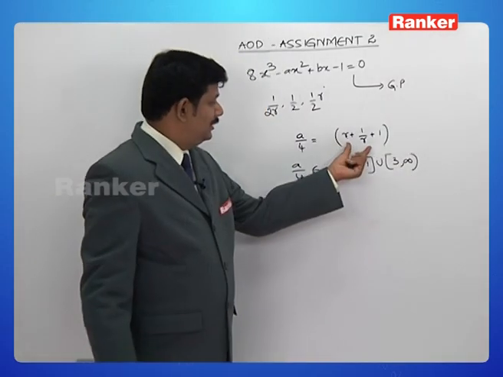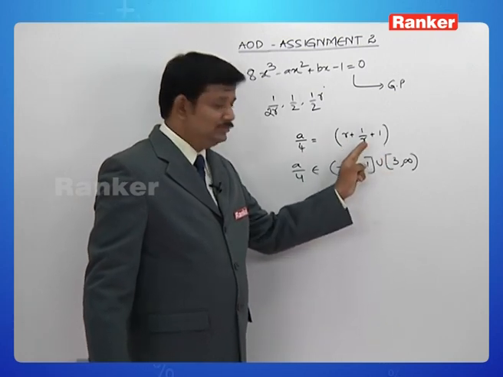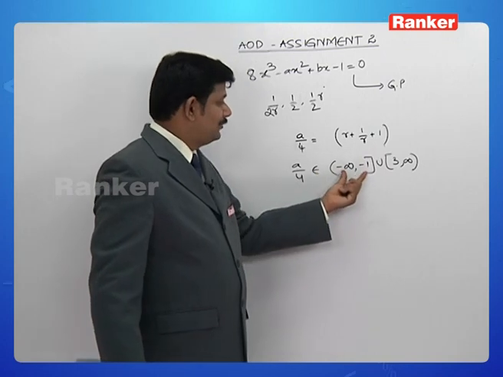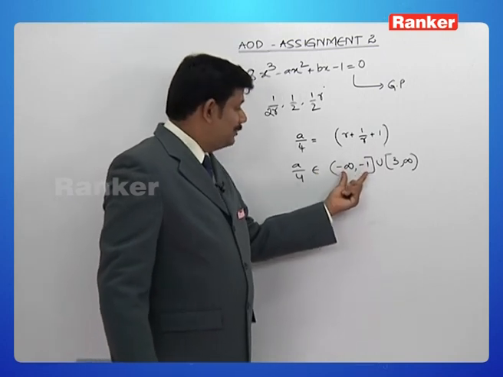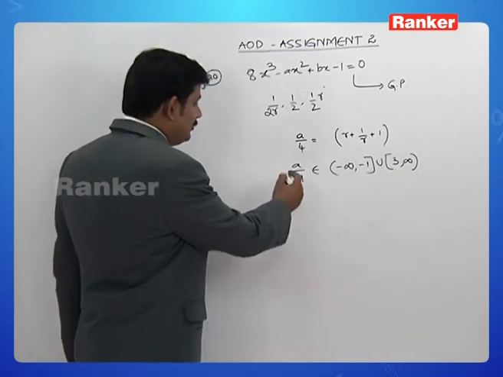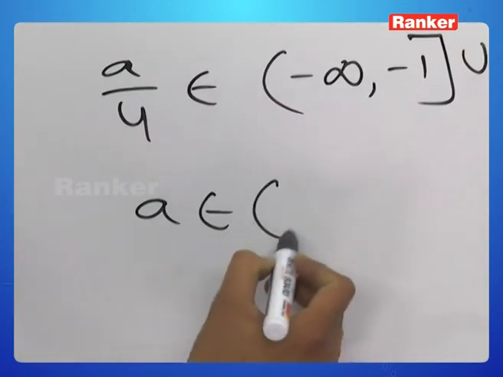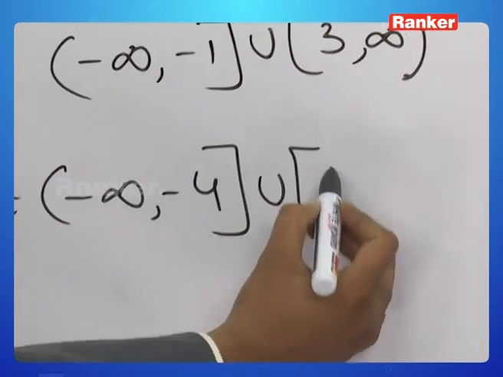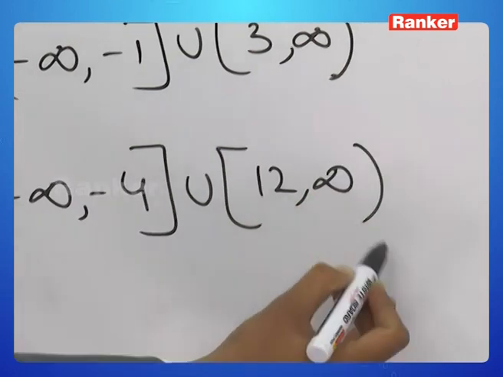Adding 1, r plus 1 by r plus 1 will either be between minus infinity to minus 1 or from 3 to infinity. Multiplying by 4 throughout, A belongs to minus infinity to minus 4 union 12 to infinity.